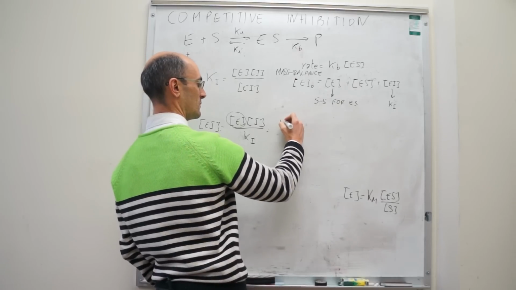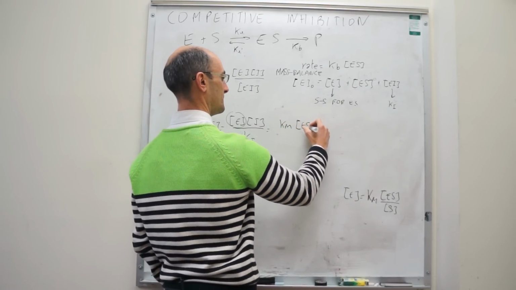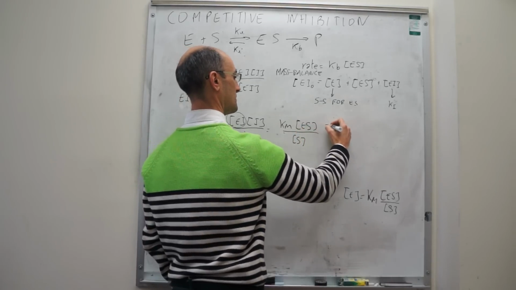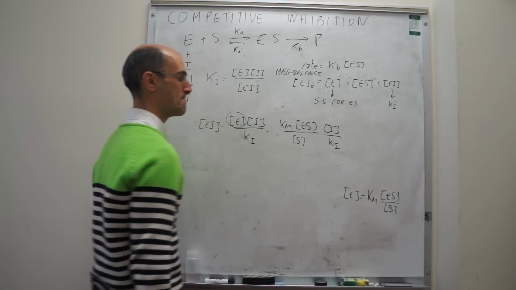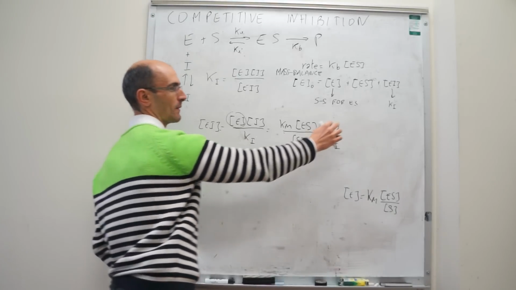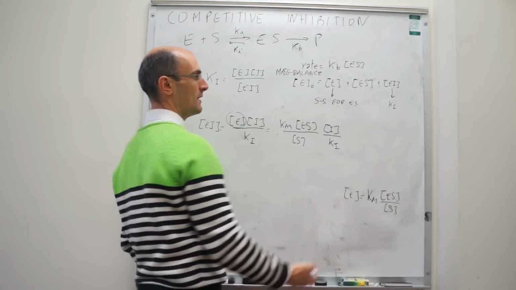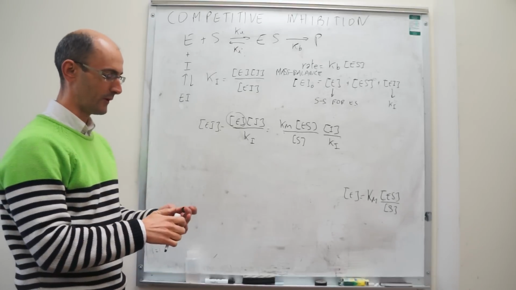So this is simply going to be equal to K sub M, concentration of ES, over concentration of S, concentration of I, over K sub I. That is now our expression for EI that we're going to be plugging into our mass balance equation together with the concentration of E, and then we'll have an equation that will look pretty long, but it will not be difficult to operate with.